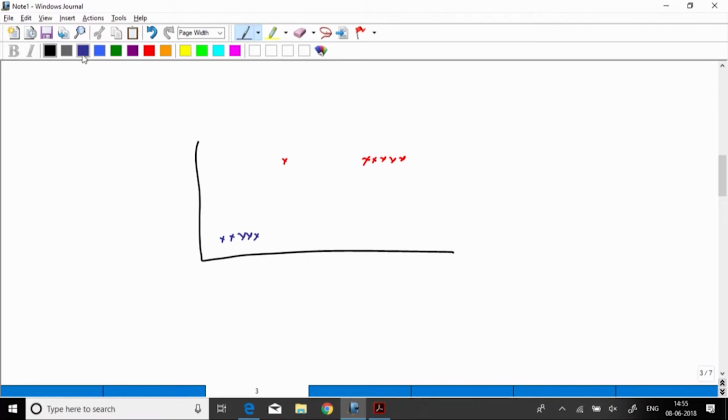I'll draw two curves for you, the training curve. One is this one, and the other is this one. Which is the better one? Why? Because it's a more generalized concept in comparison to the yellow one.